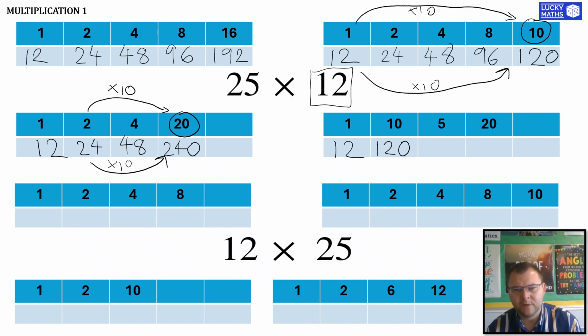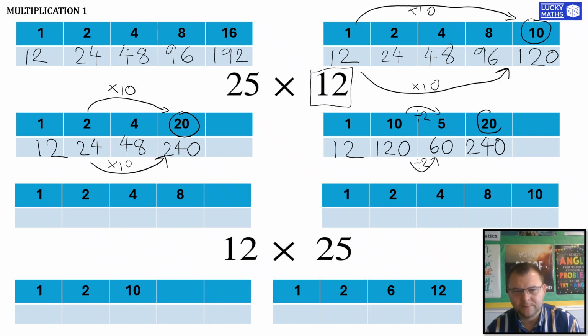To get 5 12s, I can half. I can half the 10 lots of 12. Half of 120 is 60. And then 20 12s is double the 10 lots. Double 120 is 240. Now, I have done this question 4 different ways to get 25 lots.